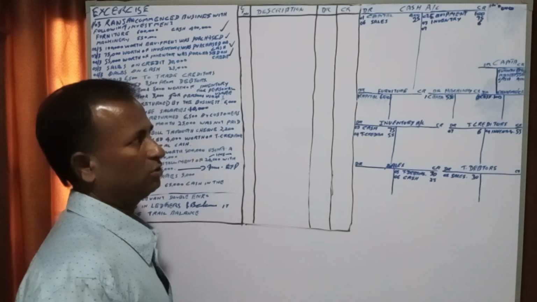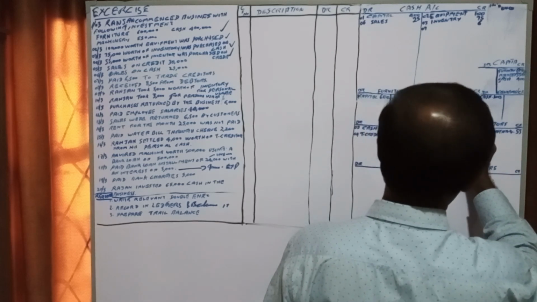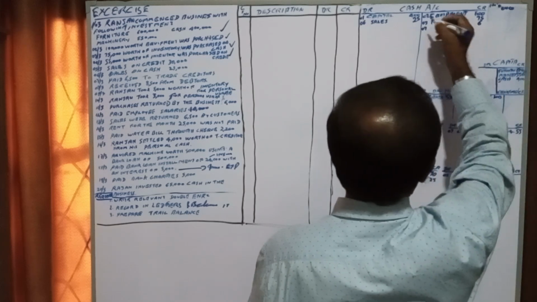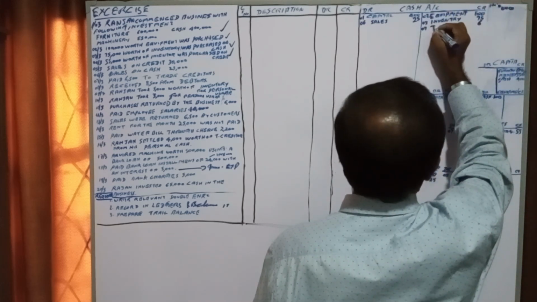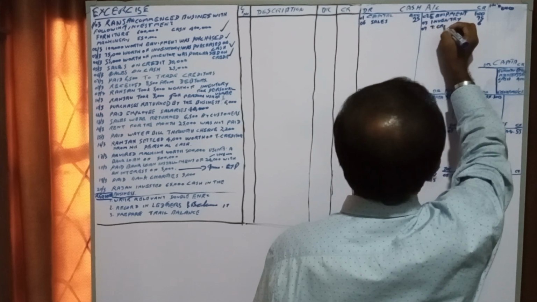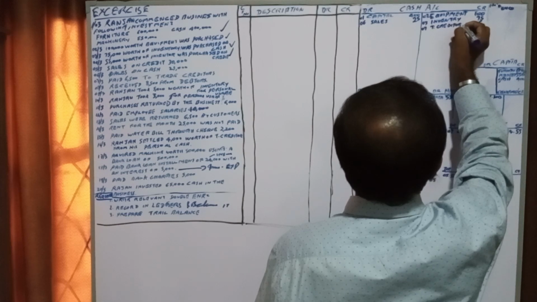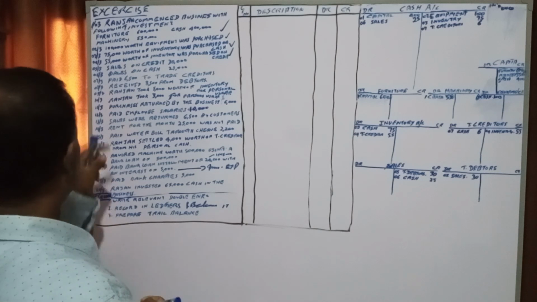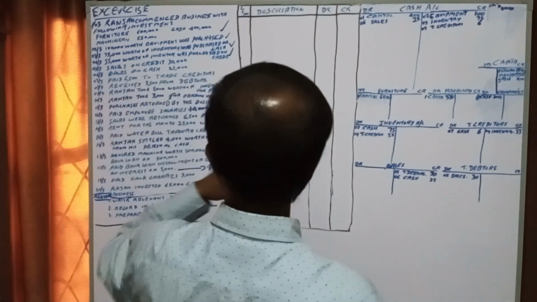So the cash account has to be credited. Here you will say cash, here you will say trade creditors, 6,500, on 7th.